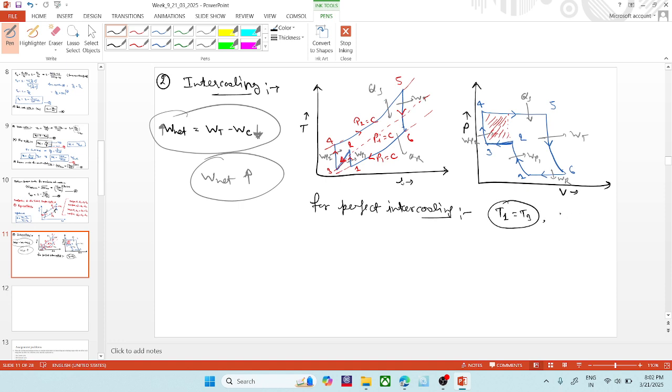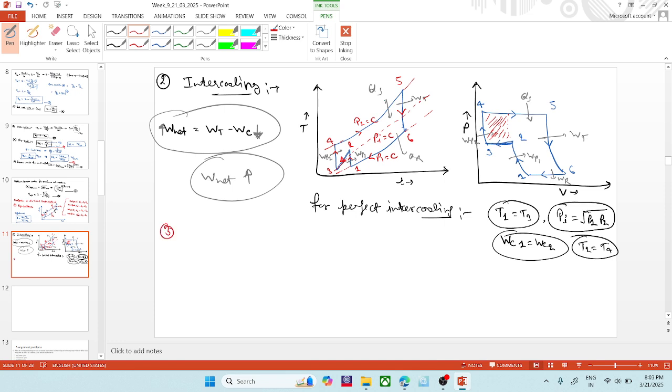Then the intermediate pressure would be the geometric mean of the two pressures P1 and P2. Second, the compressor work for both compressors would be the same, WC1 equals WC2, and T2 would also be equal to T4. So these are the conditions for perfect intercooling.